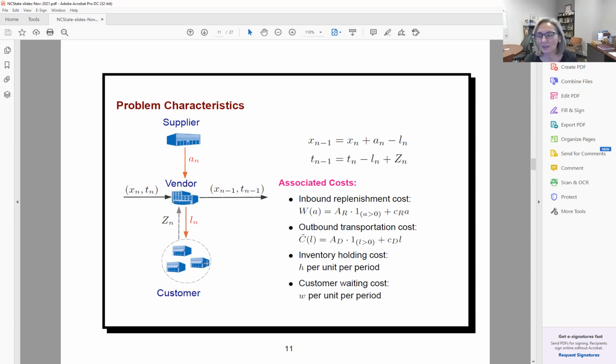As I mentioned, the classical multi-echelon inventory theory typically ignores these costs because the assumption there is that the transportation costs are covered by the customer, not by the vendor or the supplier.